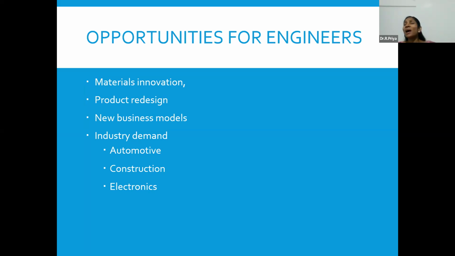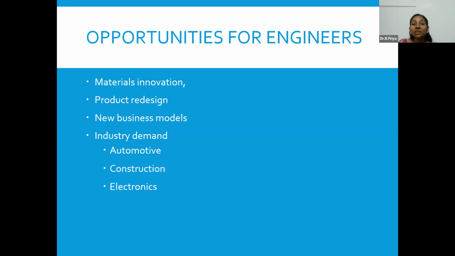The engineering demand in key sectors, for example, the automotive sector, that is remanufacturing, battery recycling, vehicle as a service. In the construction sector, design for reuse, circular materials, smart building systems.